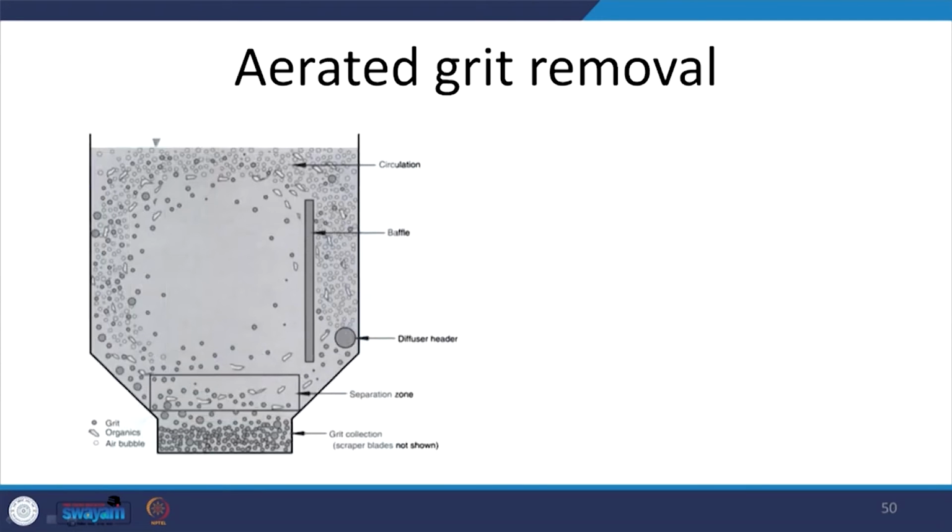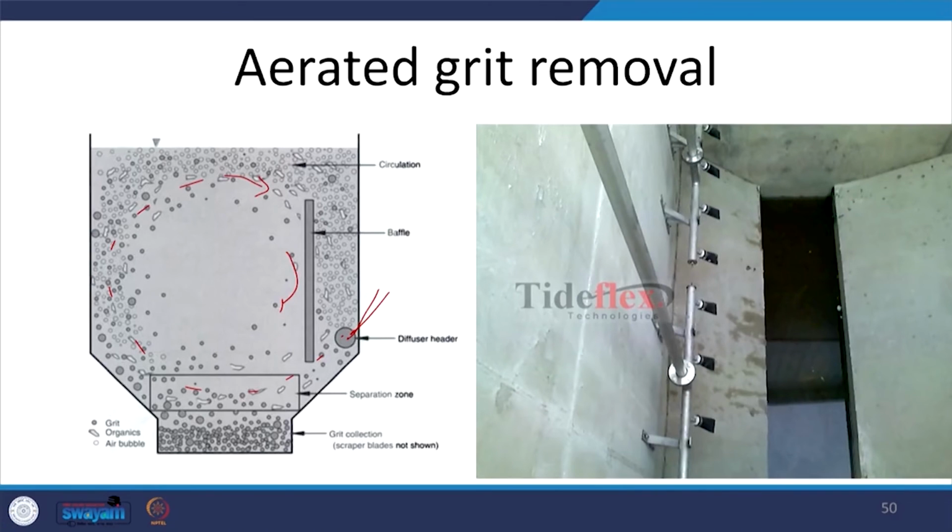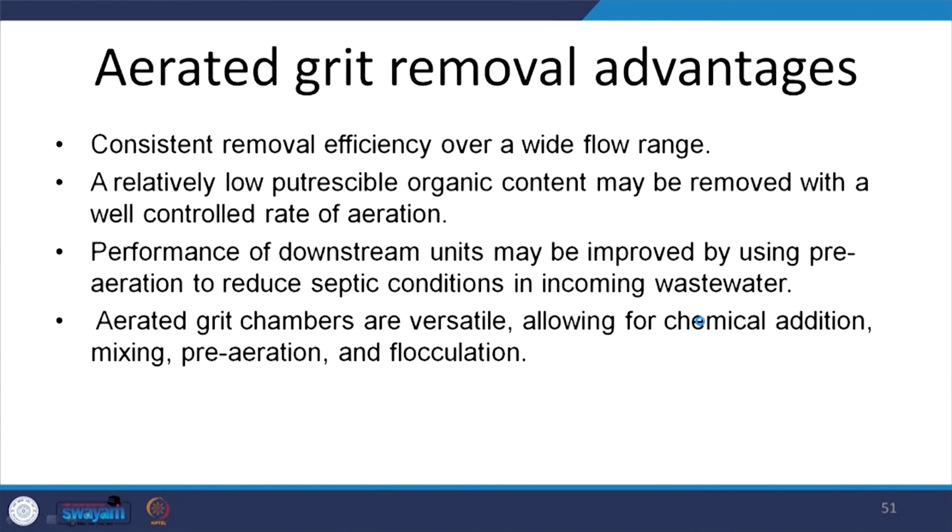Okay, so diffusion header, air is coming in here, and you are trying to create this condition, and the heavier particles settle down out here. Suppression zone, yes, and this is how air is being let in. The grit, or the heavier particles, will obviously be collected here; the air is coming in and it will create that spiral motion.